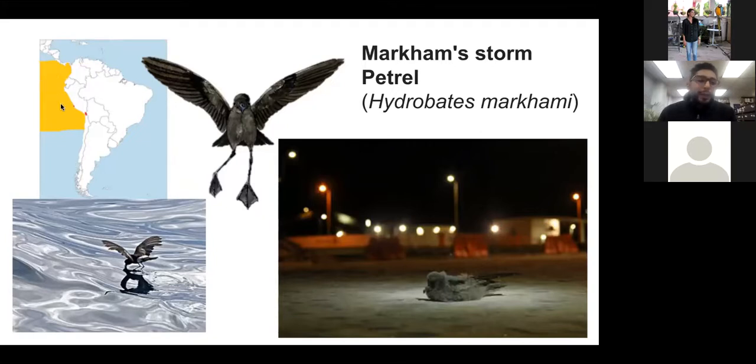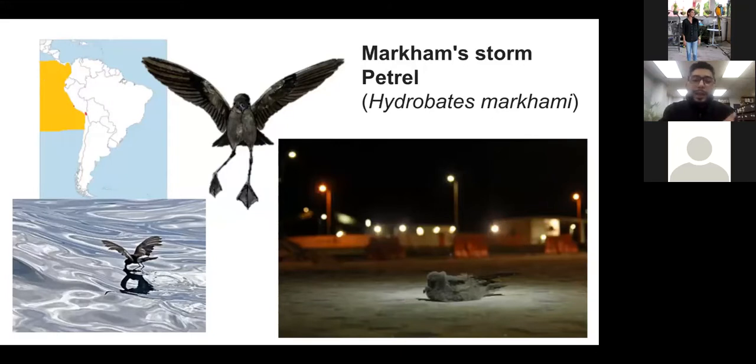So this species is in open waters for most of its life, but to breed, it travels to desertic areas like in Ecuador, Peru, or Chile and Bolivia, where it can find caves or cavities in very dry areas, and that's where it nests.